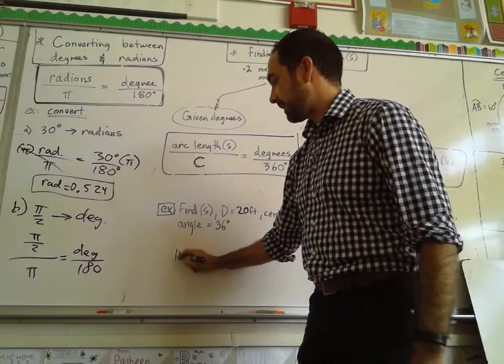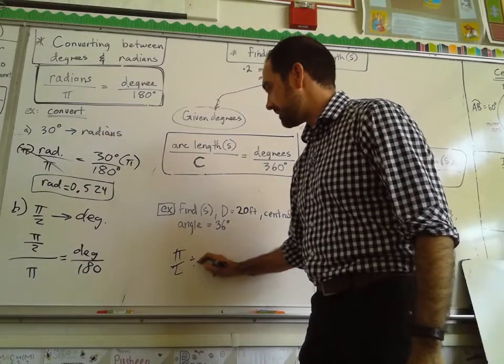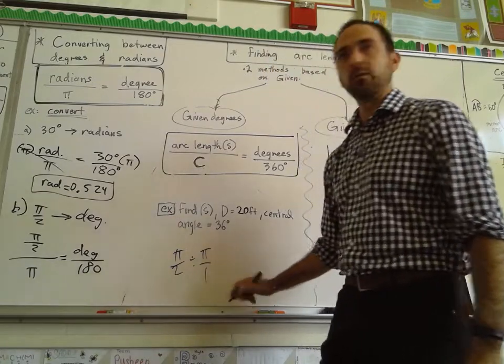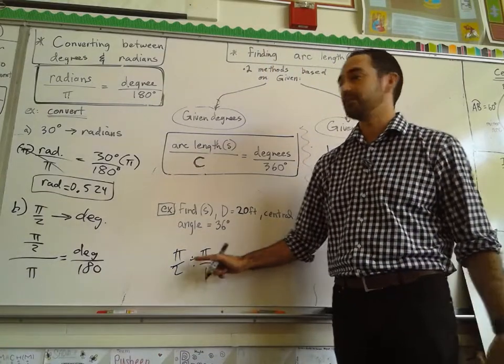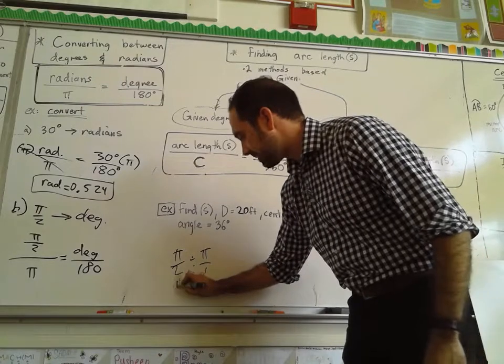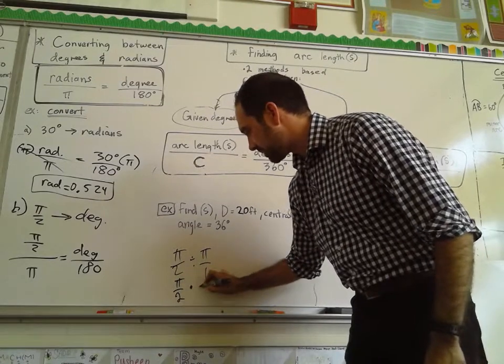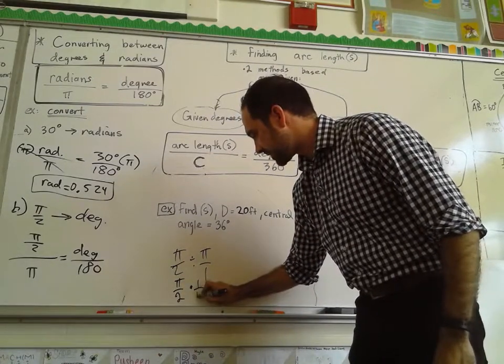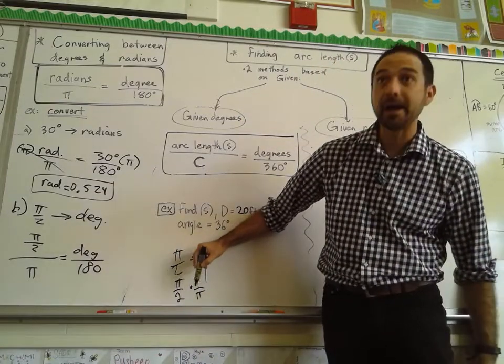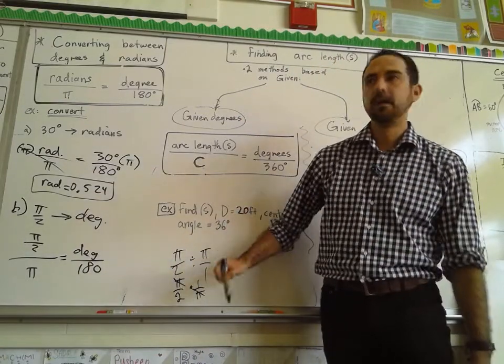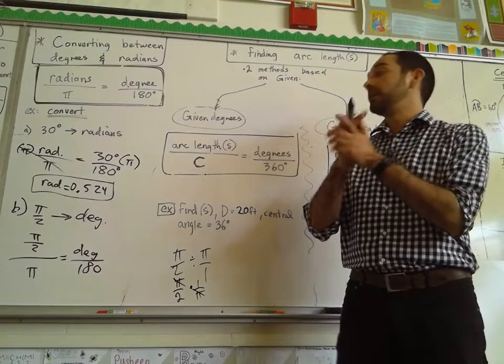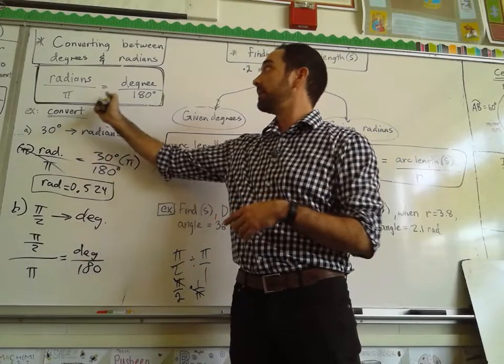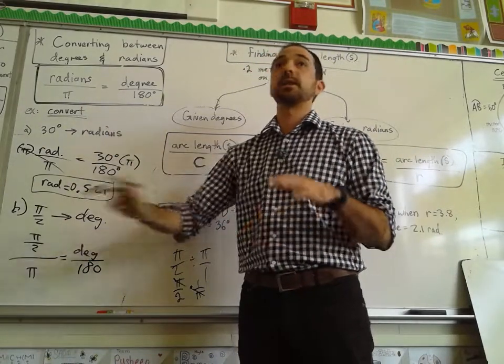Watch. Pi over 2 divided by pi, which is pi over 1. What are we going to do instead of divide? We're going to flip it, take the reciprocal of the second fraction, and then what happens to pi and pi? Cancel out. Every single time you access it through our conversion formula, it's going to cancel out the pi's.